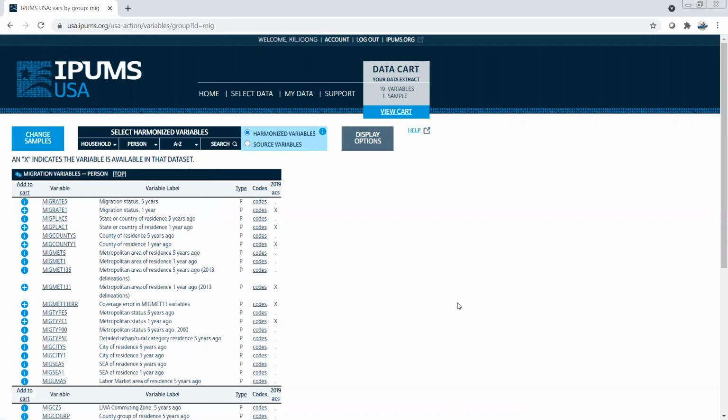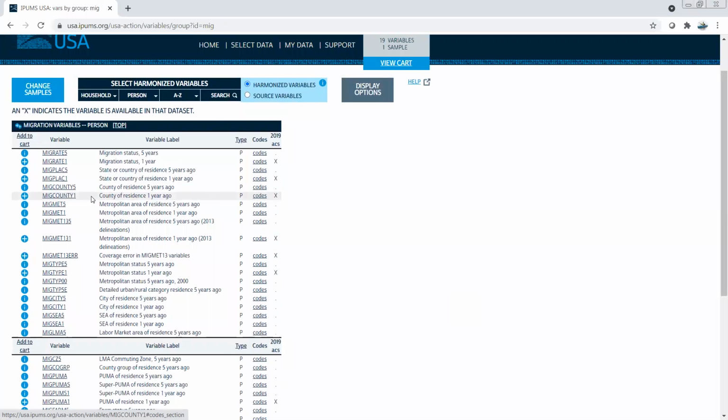Let's see. Migration is something that I occasionally look at. The one I am very often interested in is whether someone moved within the past year or not. So you can even measure where they lived 12 months ago, in terms of the county or different metropolitan area.